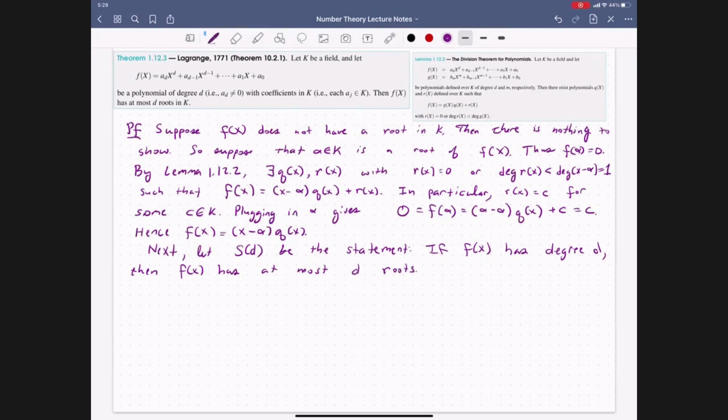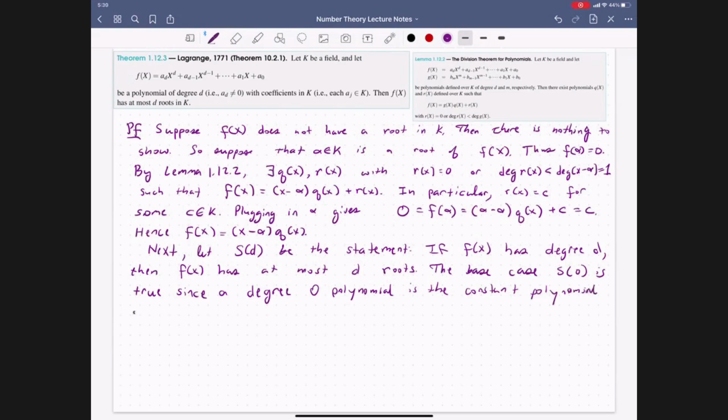So we're going to do this by induction. So the base case is true, since a degree 0 polynomial is a constant function. This constant polynomial has no roots.